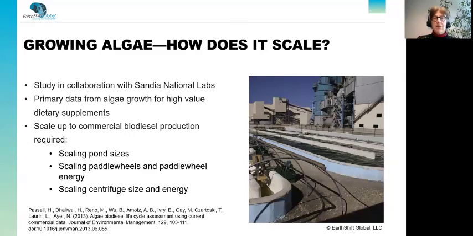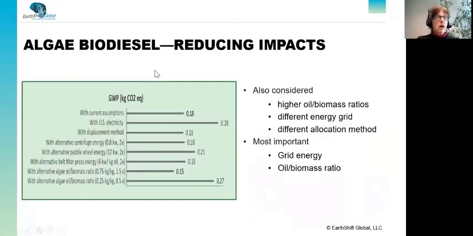I sat down with the researchers at Sandia and said, let's look at what this could look like if we scaled it up. We would have bigger ponds, we would have bigger pumps, and that would improve the efficiency of this system. So we looked at scaling the pond sizes, scaling the paddle wheels and the paddle wheel energy. We looked at scaling the centrifuge size and energy, and then looked at what that would do to the study.